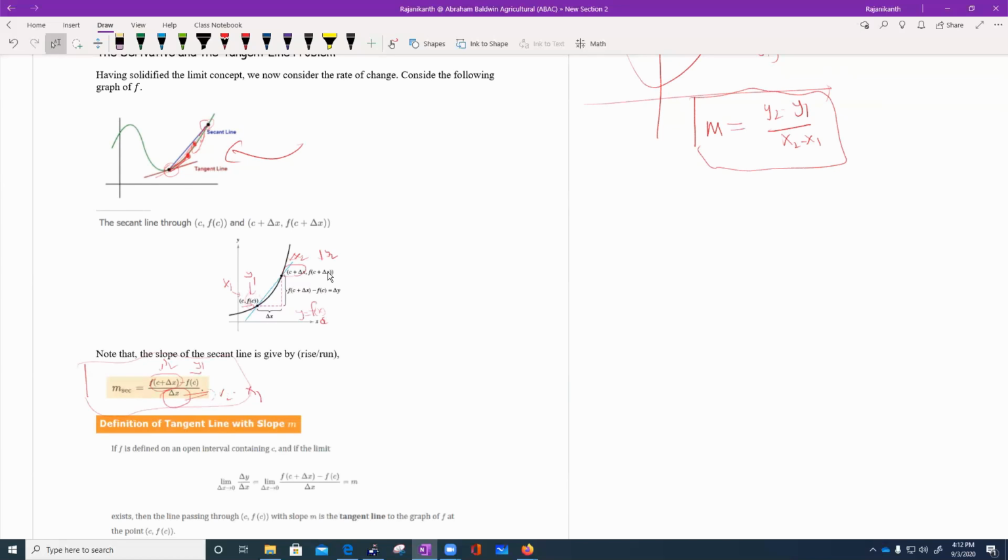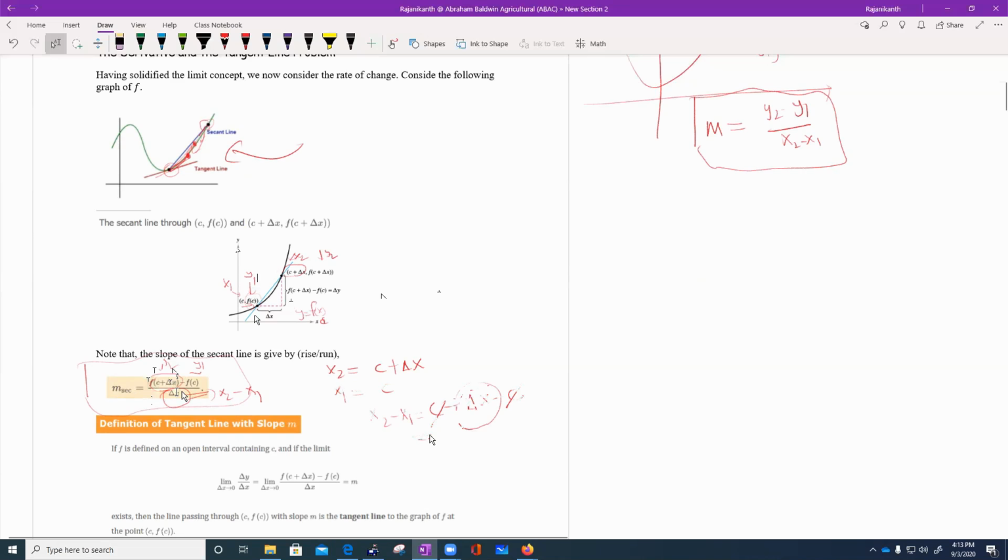Because my x2 is now c plus delta x and my x1 is simply the starting point c. When you subtract these two, you get c plus delta x minus c. The c cancels, therefore x2 minus x1 is simply delta x. That is why we have delta x here. So this is the slope of the secant line.